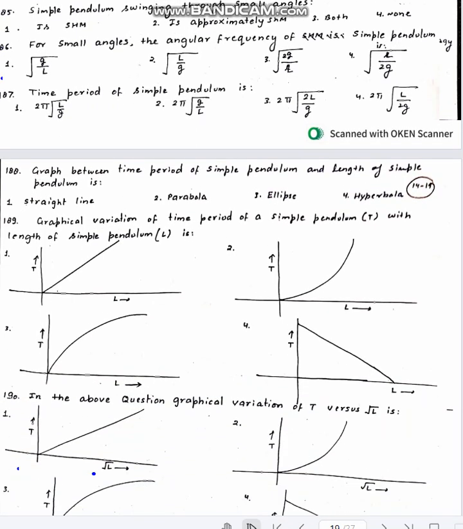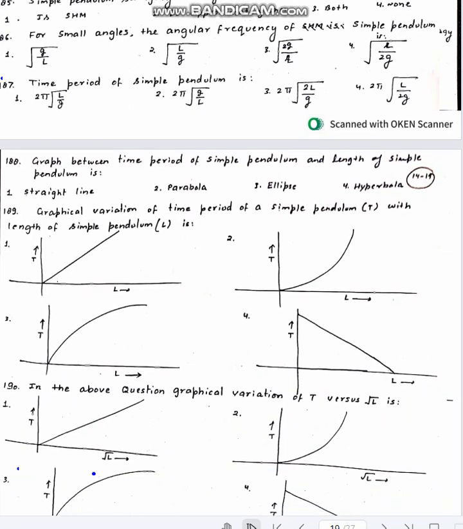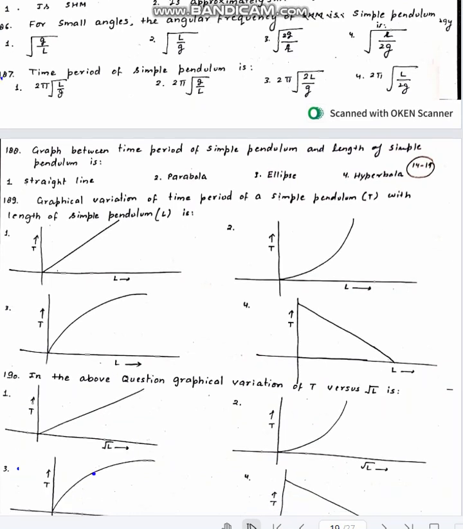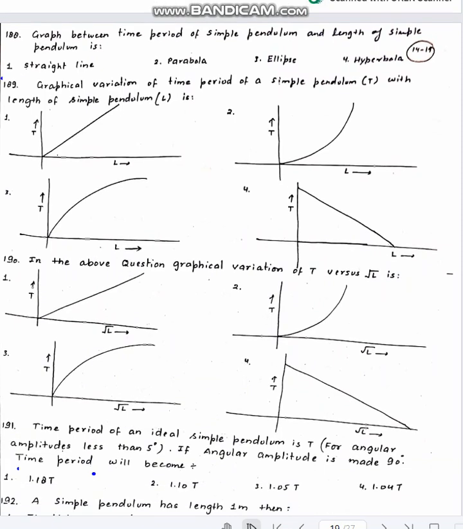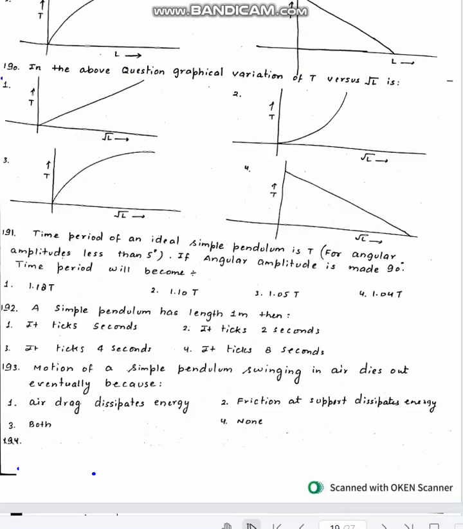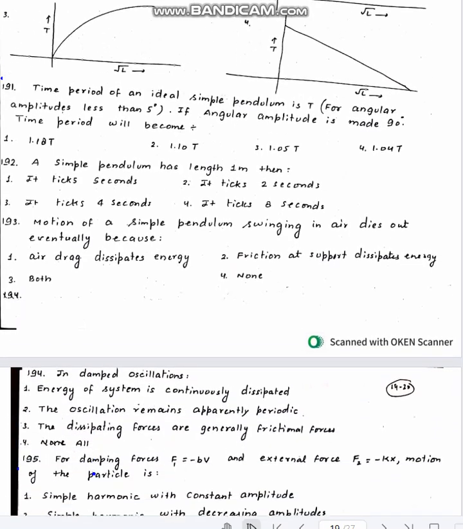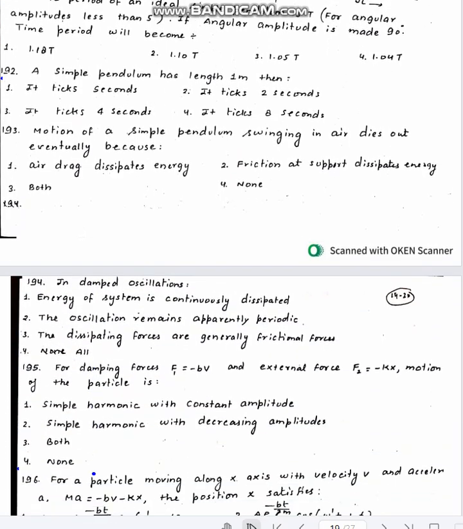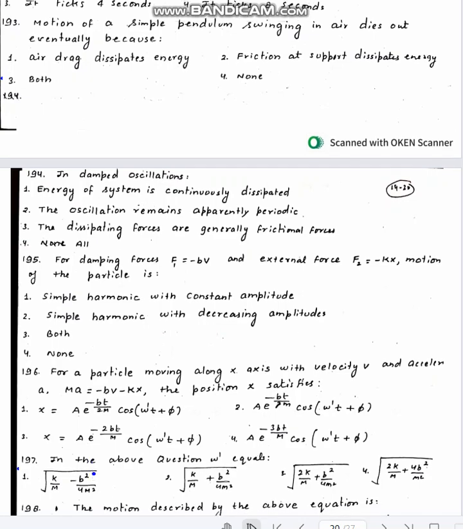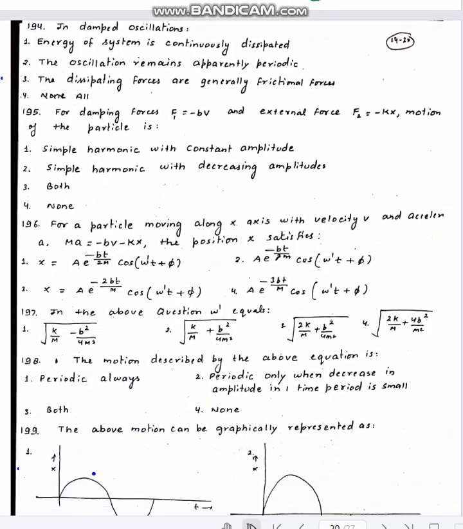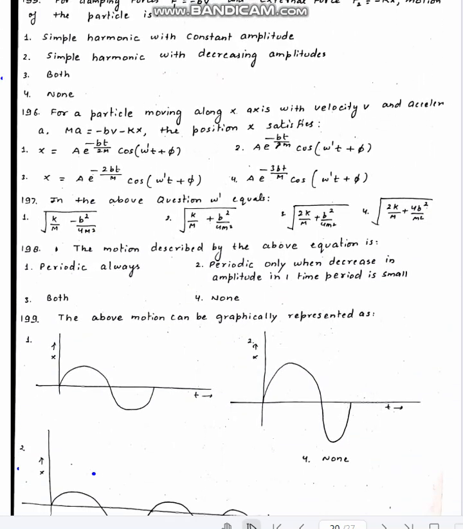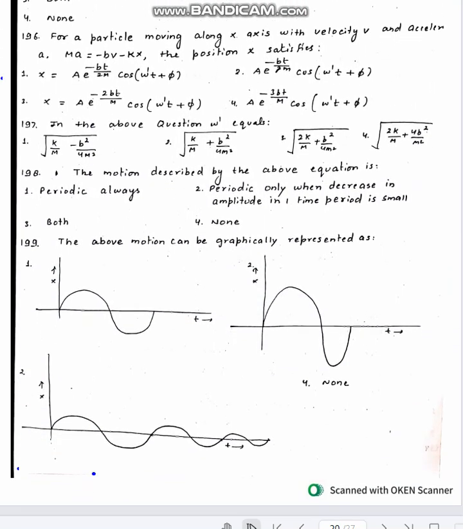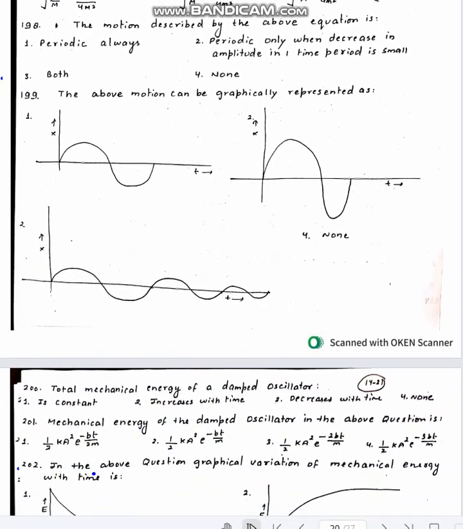Then we have for small angle oscillations, then we have angular frequency of simple pendulum, time period of simple pendulum. Then we have graph between time period of simple pendulum and length. We have a question based on the graph, then variation of T versus root n, then time period, then we have seconds pendulum, then its motion, damped oscillation, equations of that, angular velocity in that, and we have some graphical questions based on that.